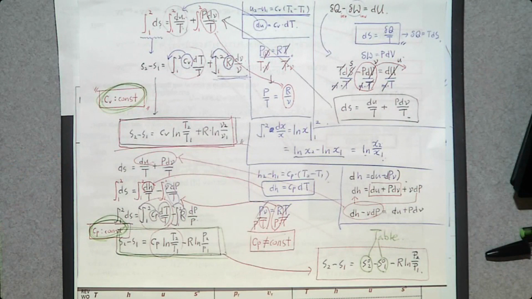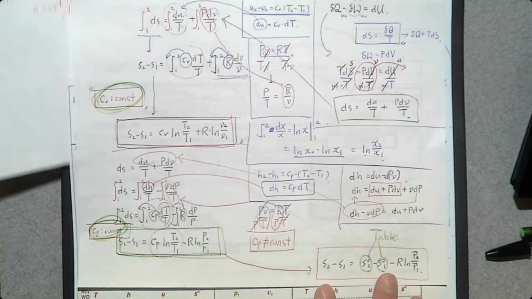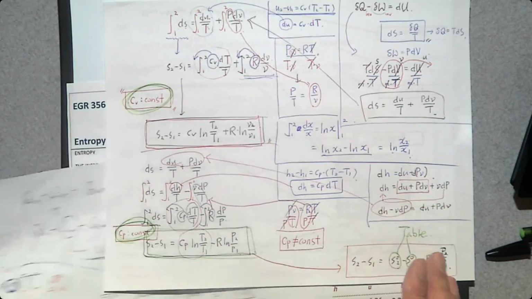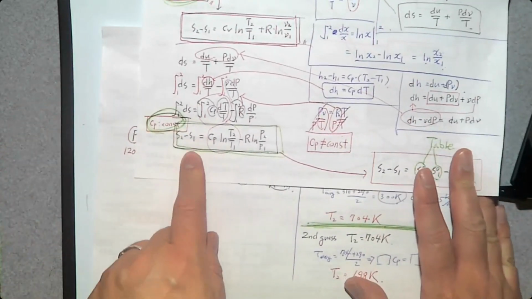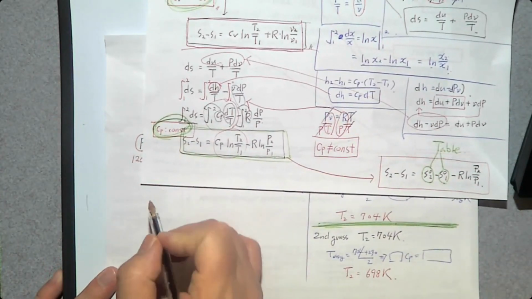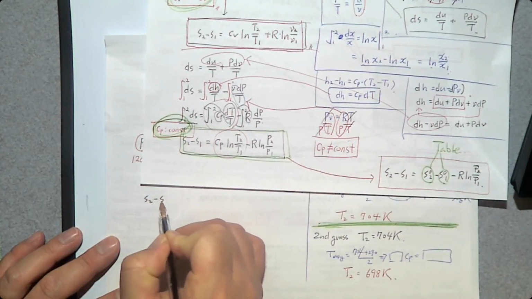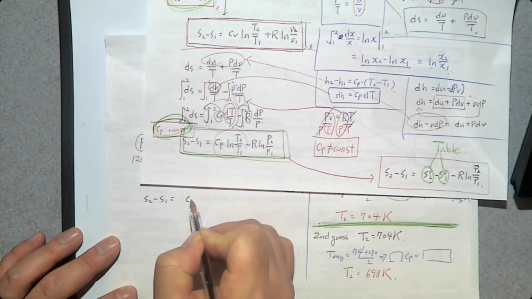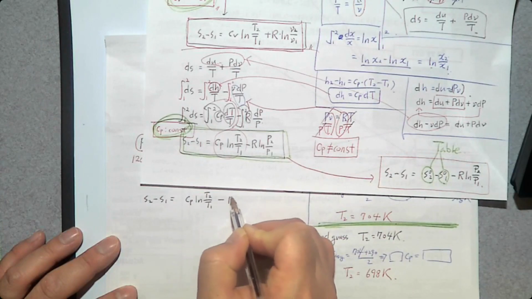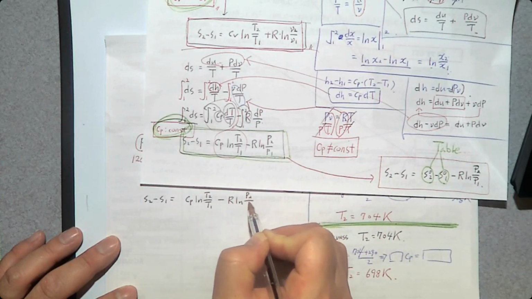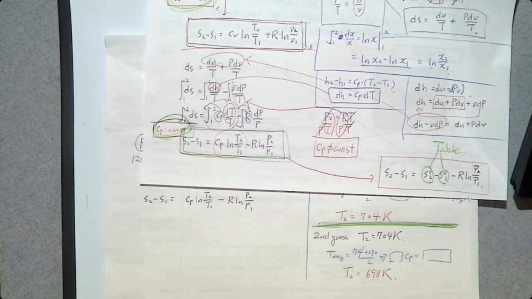So selecting the second equation makes sense. S2 minus S1 is Cp natural log T2 over T1 minus R natural log P2 over P1. That's how you can determine the entropy change.